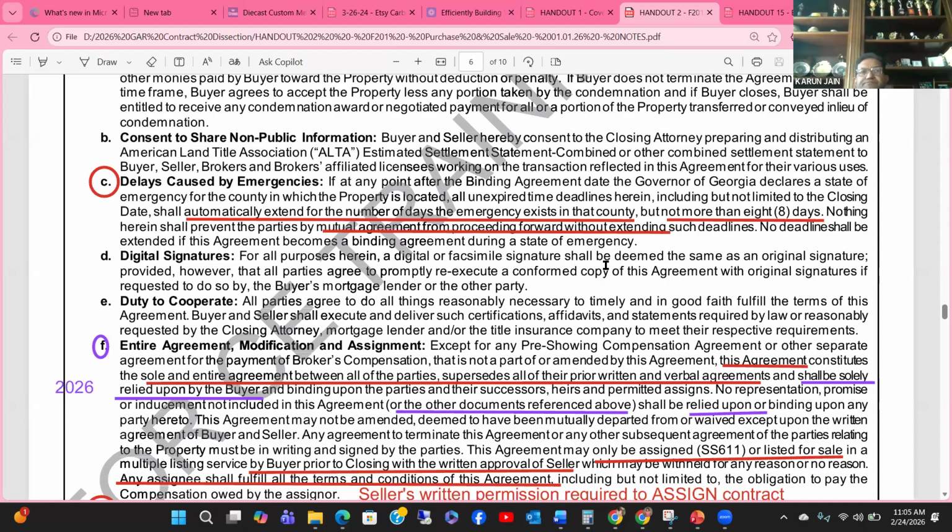You guys, this was a really interesting issue that we encountered in January because the governor of Georgia, Governor Kemp, declared 2 back-to-back states of emergency for the entire state. One was from January 22nd through January 29th. And the second one was from January 30th to February 6th.